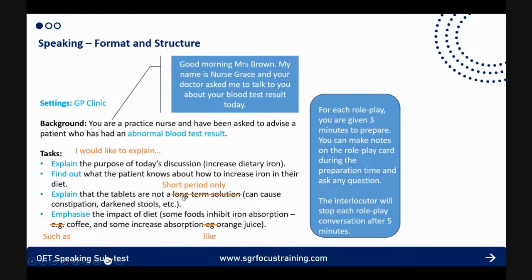In here, I'm going to use synonyms, okay, and antonyms as well, because basically we've got a negative in here. Not a long-term solution means it is short-term or short period only. Okay, so OET likes it when you use your own words and you're not using the role play card as if it is a script that you're using word for word.